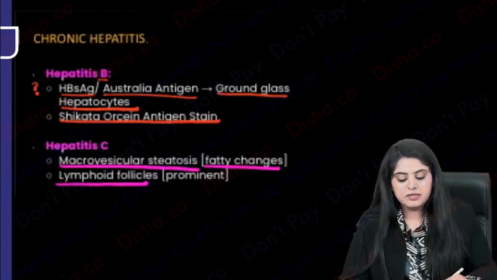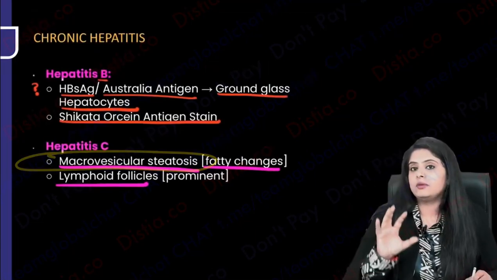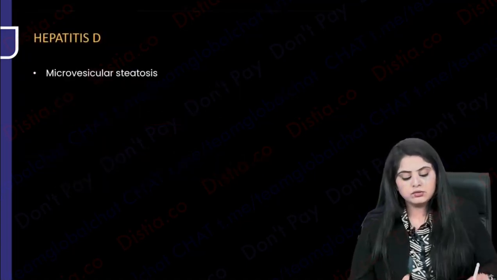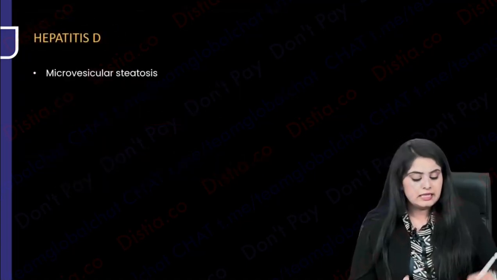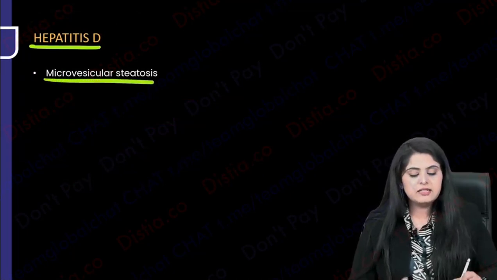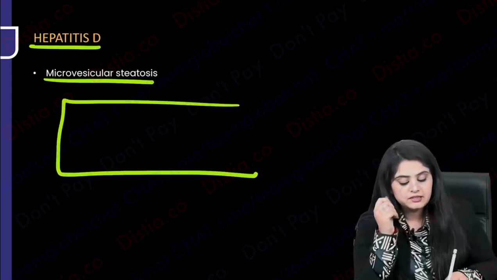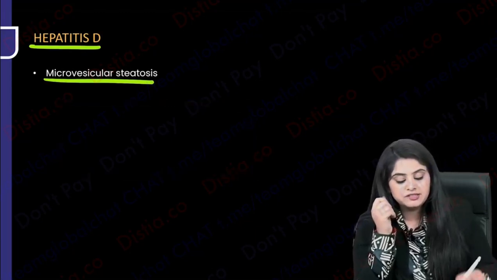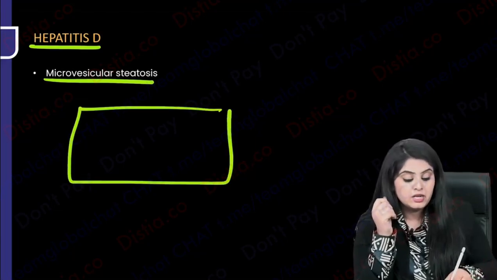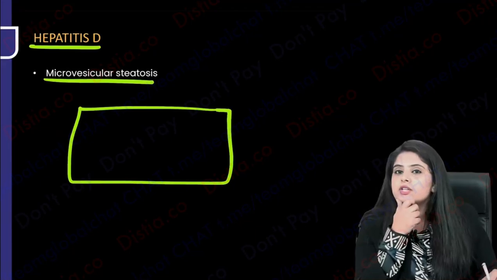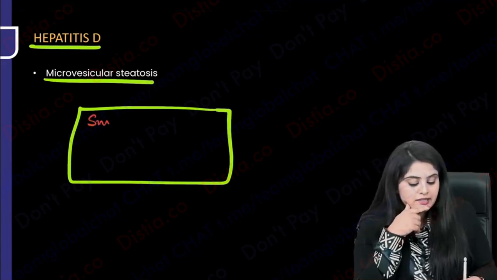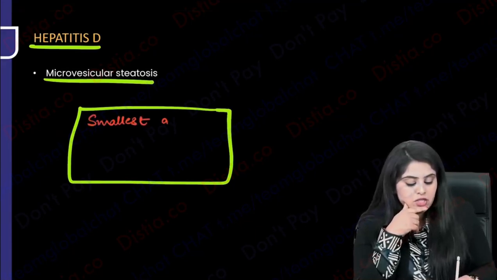So you will also ask me, big fat was seen, so hepatitis C. But ma'am, you had taught us also that if little fat is seen, then something else. So that little one, that is hepatitis D. Now I want to tell you that hepatitis D is everything little. Why do I say everything little? Because I will remind you. Do you remember reading general virology and I asked you who has the smallest genome?